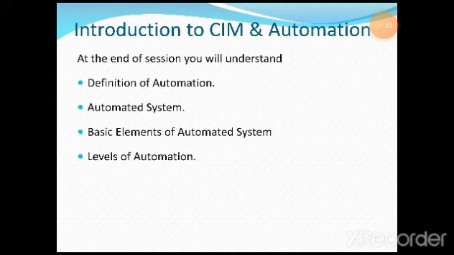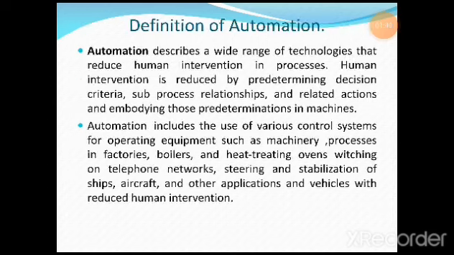Today I will be discussing the definition of automation. As we are going to see on the screen, automation describes a wide range of technologies that reduce human intervention in processes. Because for any process that we want to carry out very correctly, without any hampering or deficiency, we make the operator involvement less.